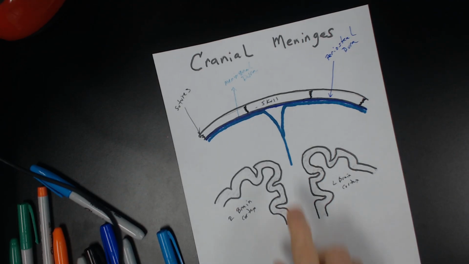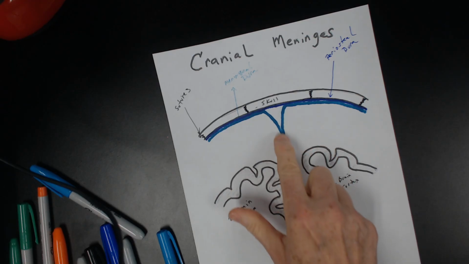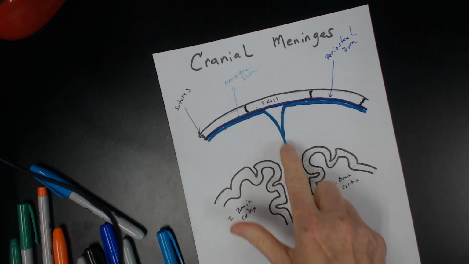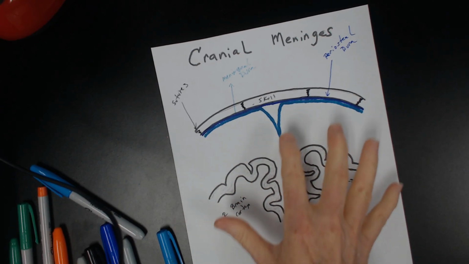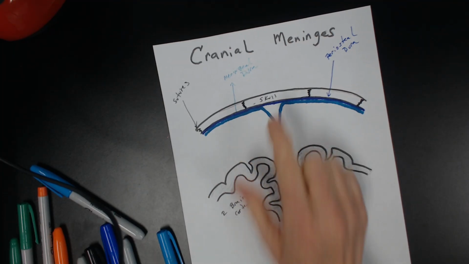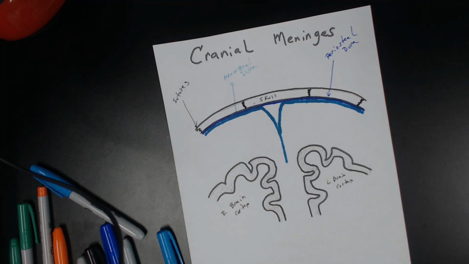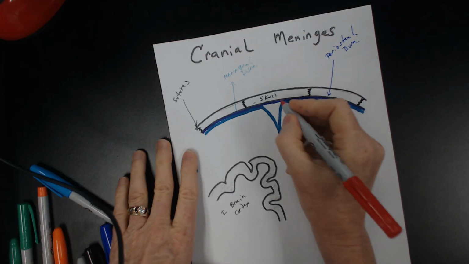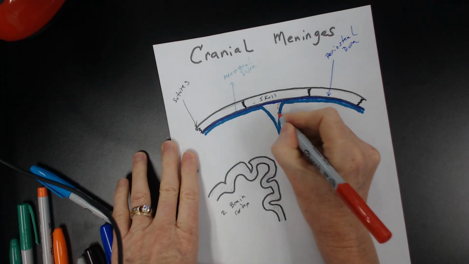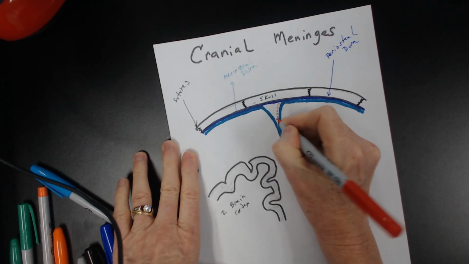Then you see there's this little invagination of the meningeal dura, between the meningeal dura and the periosteal dura, right where the area of the longitudinal fissure is. That little area is a special structure, lined with endothelial cells, so I'll represent those here as red.